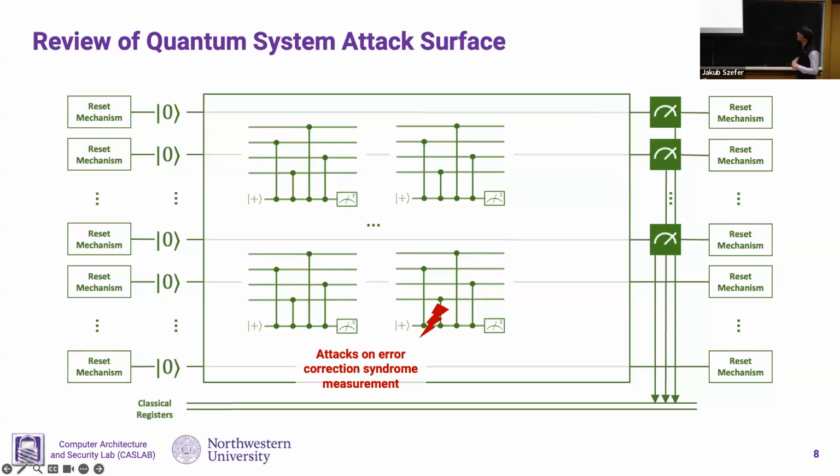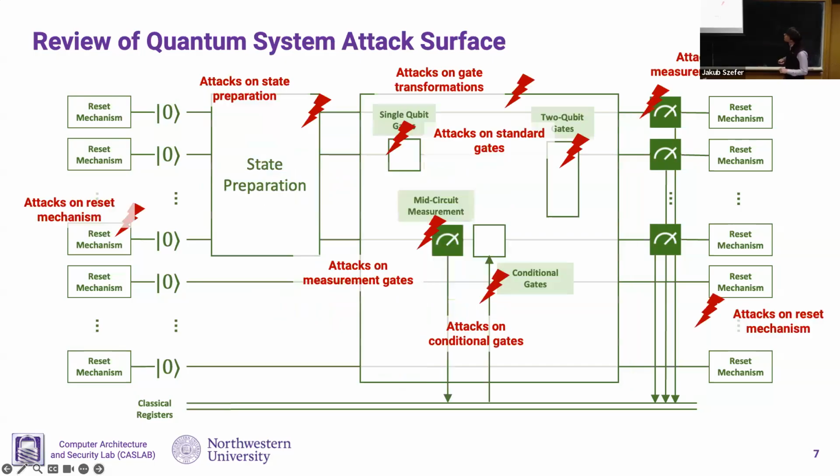So in fault-tolerant quantum computing, the attacker might focus on the syndrome measurements, and that way they can try to break the error correction, for example. So these are the different points: either the way you reset the qubits, which will be different for superconducting or other architectures, or the way you execute the gates on the machine.